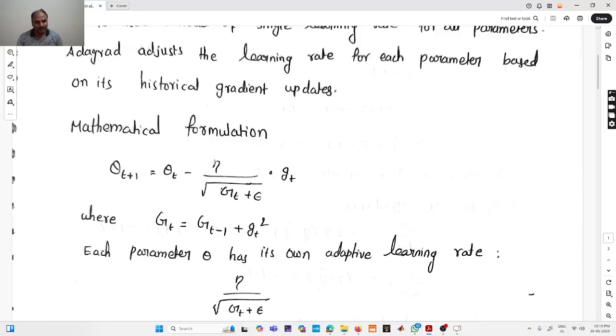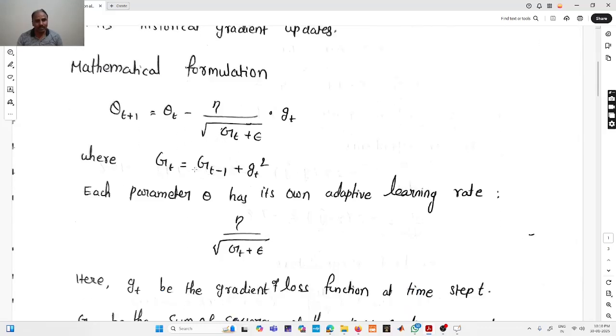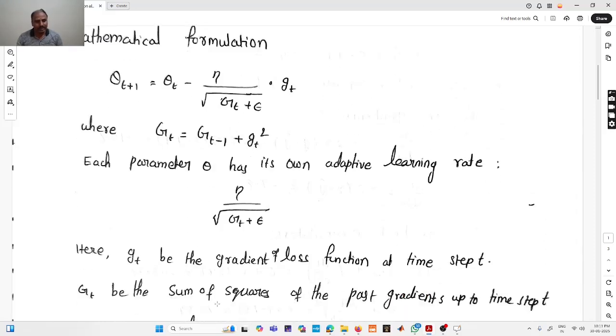Eta is the learning parameter, which we can take from 0 to 1, and epsilon is to avoid the denominator becoming 0. G_t equals G_(t-1) plus g_t squared. So G_t is the sum of squares of the past gradients, and g_t is the gradient of the loss function at the time step.